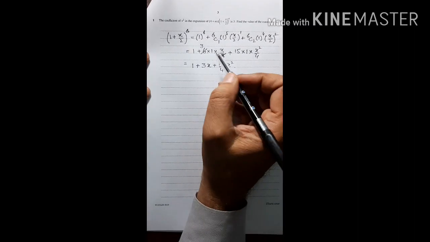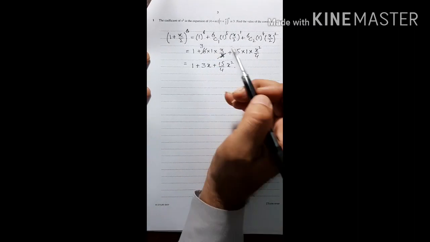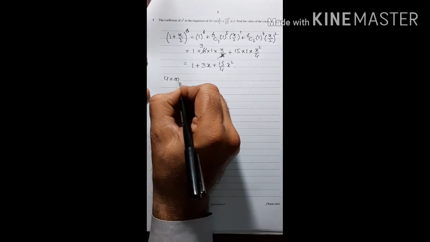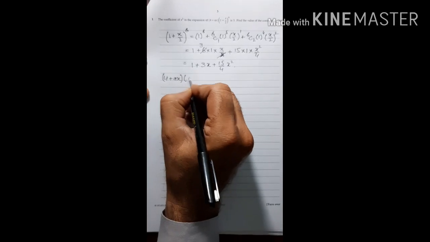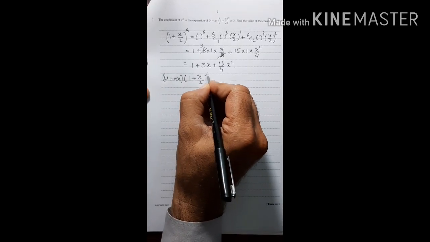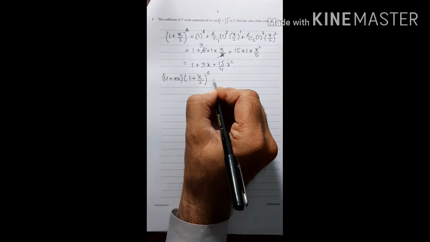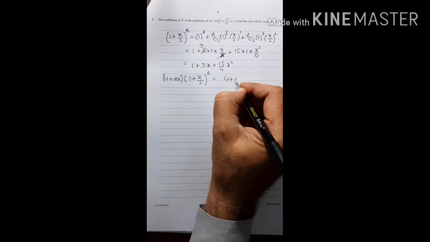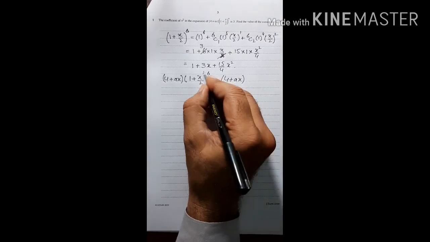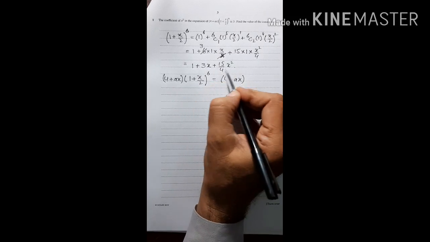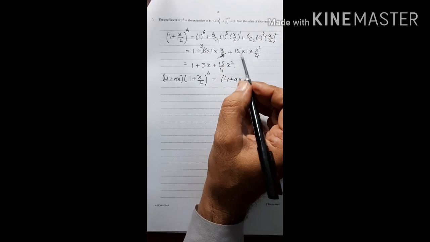Now I'm going to write the actual expression: (4 + ax)(1 + x/2)^6.